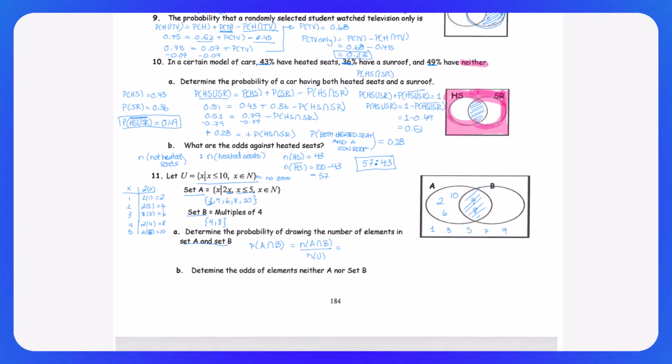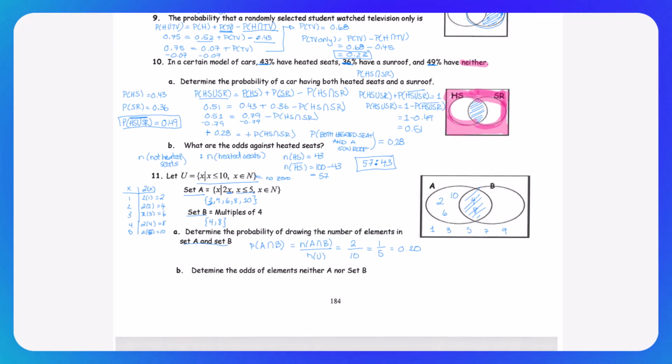There are 4 and 8, which is 2. And the total number in the universal is 10. Well, dividing everything by 2, we get 1 over 5, or 0.2.